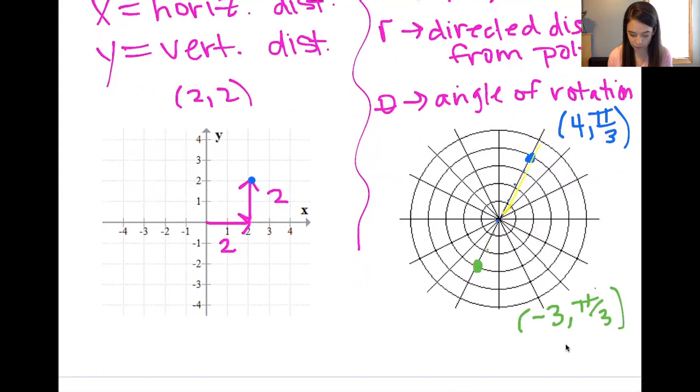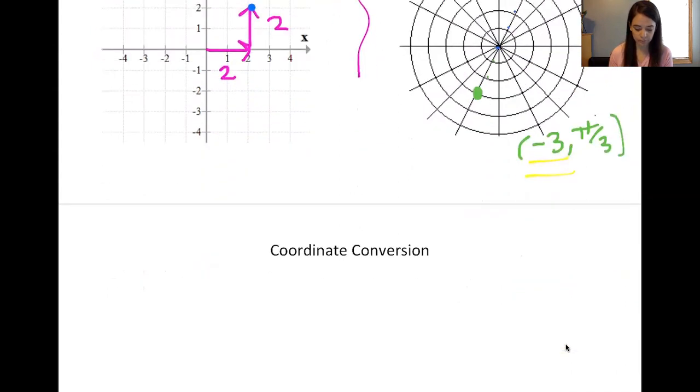So remember this was our pi over 3 angle, but from the pole, we had to move in reverse because of that negative 3. Okay, r is a directed distance. So we'll work with polar coordinates throughout this whole thing, but we'll work with that concept a little bit more as we go through.